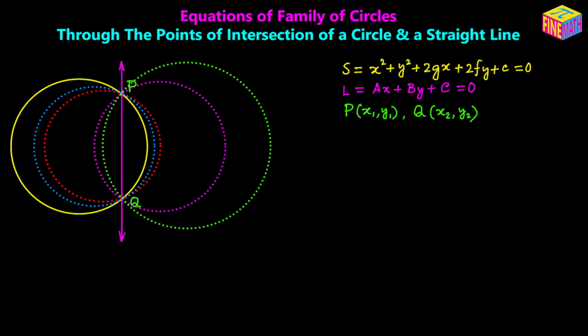Since the original yellow circle passes through the points P and Q, its equation must be satisfied by the coordinates of P and Q. First, I am going to satisfy the equation of the first circle with the coordinates of the point P. So we can write it like this.